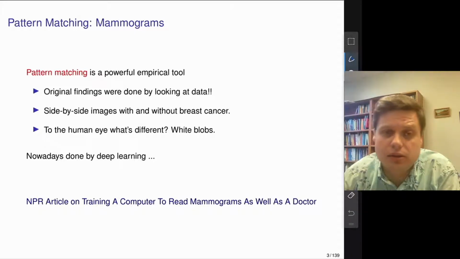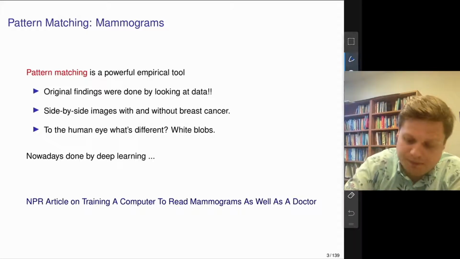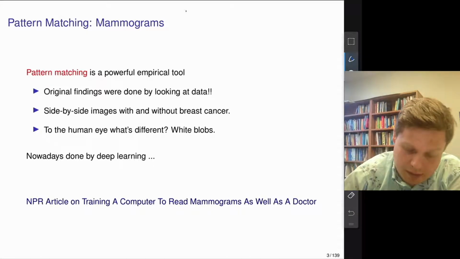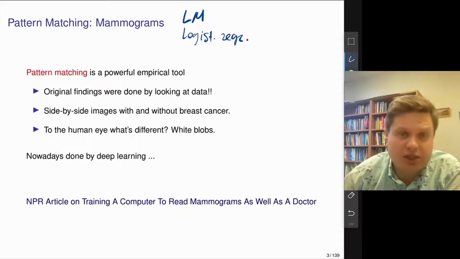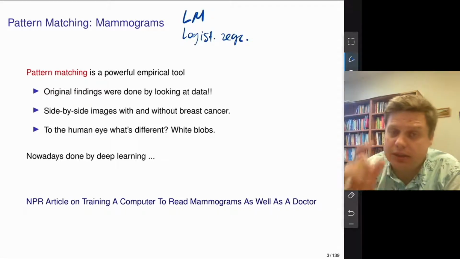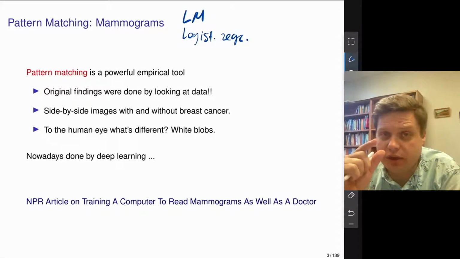Essentially, deep learning model is used for prediction, and it can outperform any other known predictive model. We talked about three types of predictive models so far. We talked about the linear models. We talked about the logistic regression, which is just a generalization of the linear model. Remember, it's a linear model, and then we apply logistic function to the linear model.